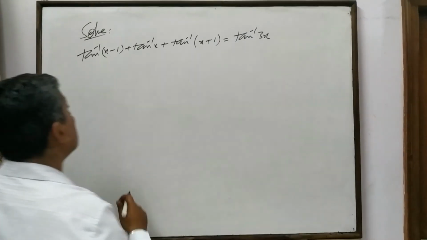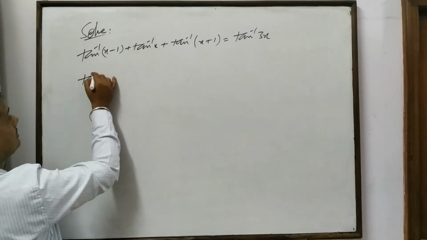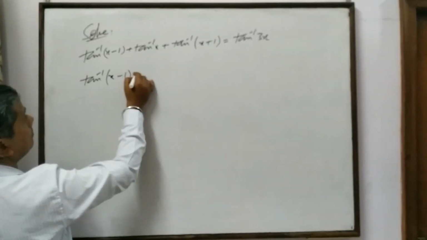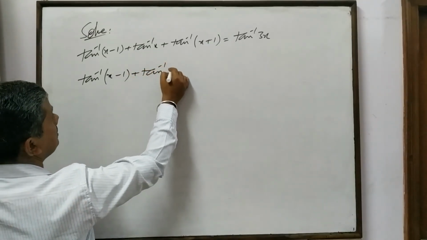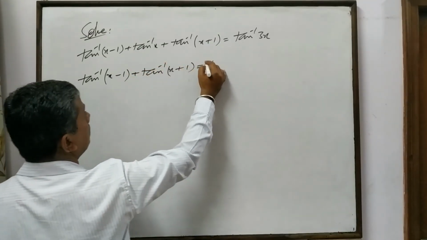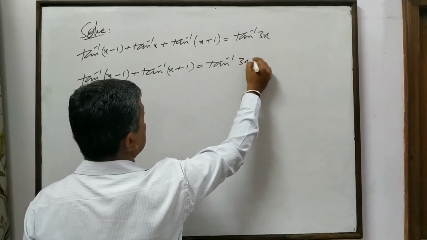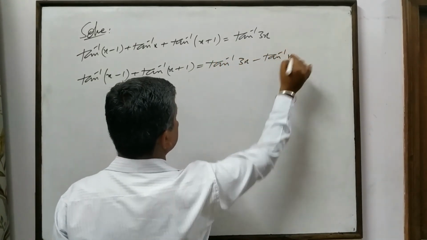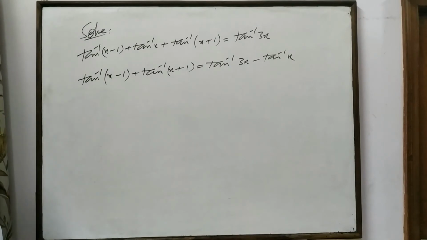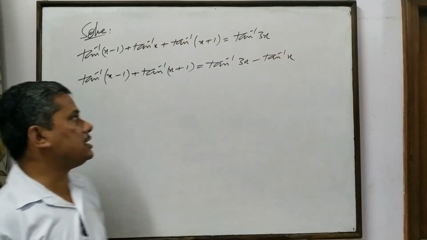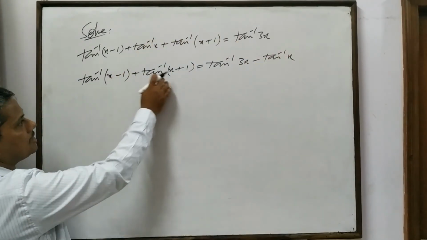ठीक, fine. So this is tan inverse x minus 1 plus tan inverse x plus 1 is equal to tan inverse 3x minus tan inverse x. We can write like this. Take this tan inverse x on the right hand side. Now use the formula tan inverse x plus tan inverse y.